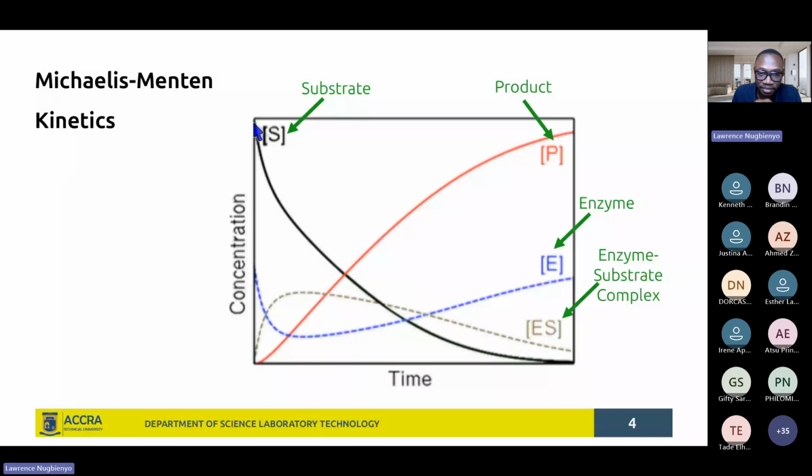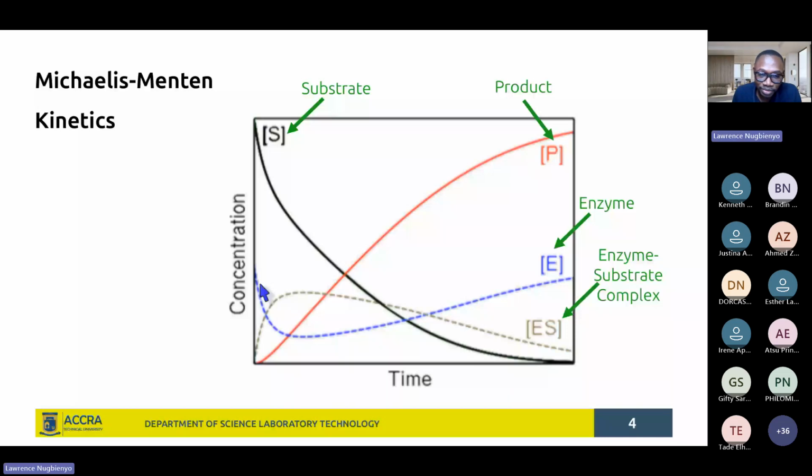So we take it that the substrate was the table sugar. And then you have the enzyme, which is also represented here with the blue dash lines, the enzyme being invertase, responsible for breaking down that sugar into the monomers, glucose and fructose.